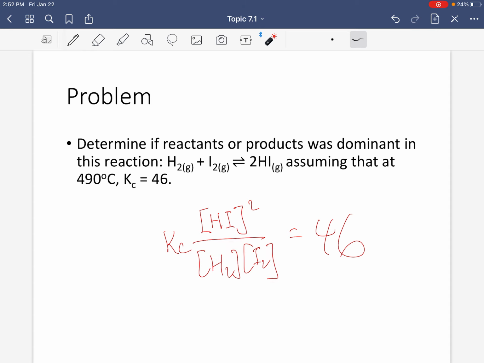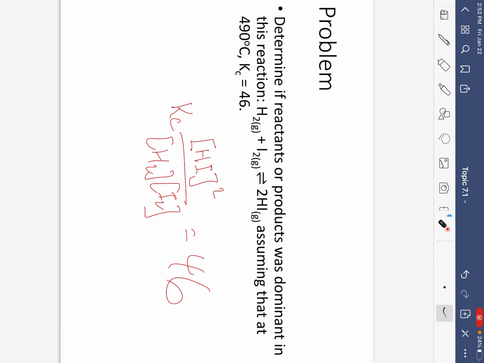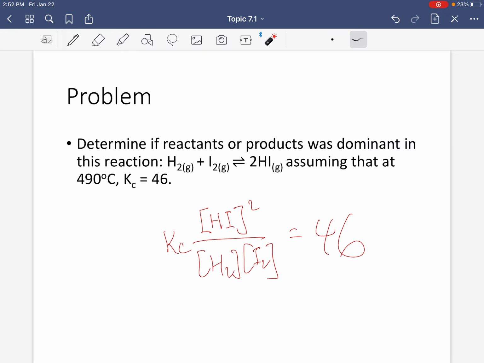If not, you'll be getting 0 point something, right? So since the numerator is bigger, that means this reaction drives products. It's more product dominated, because Kc is greater than 1.